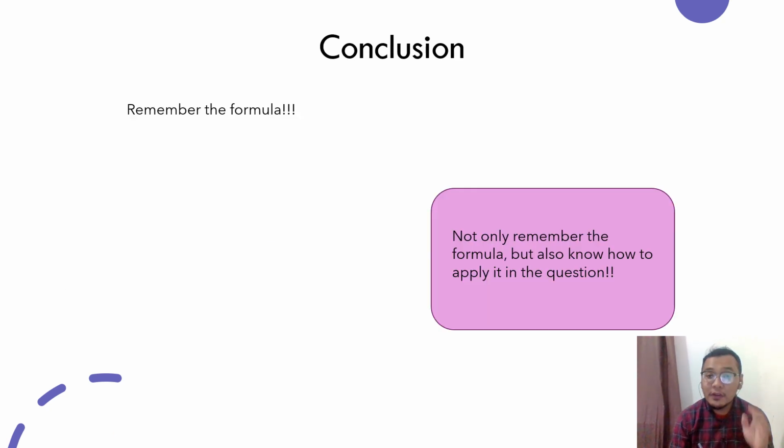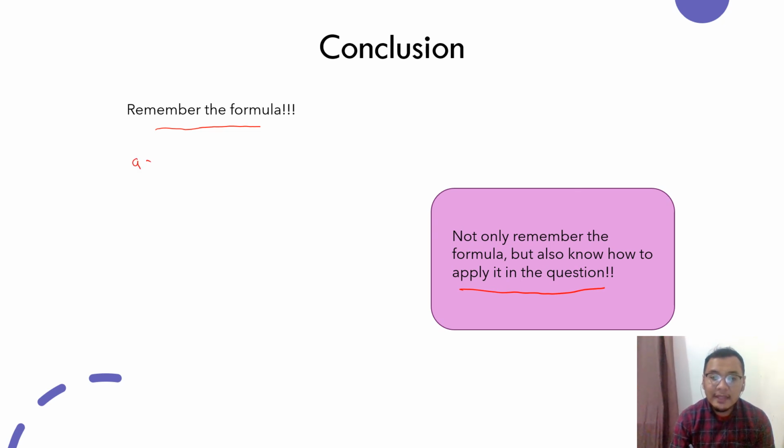Let's go for the conclusion. What do you get for today? Just remember the formula, but also know how to apply it in the question. Can you say again what formulas we have learned today?